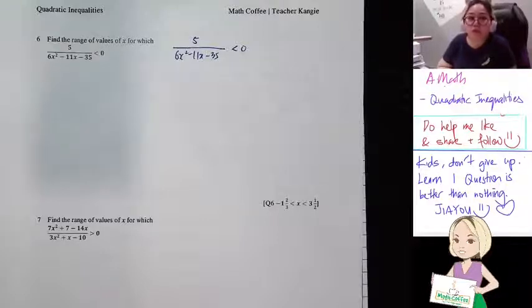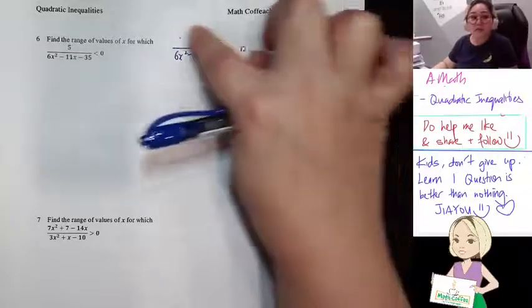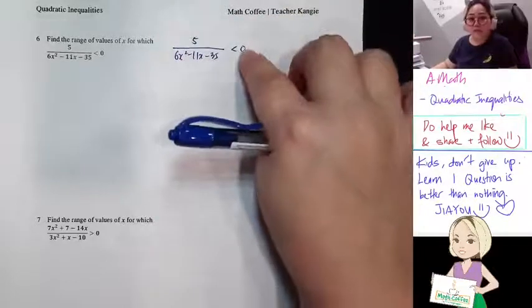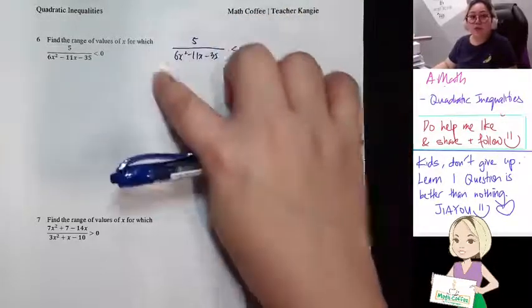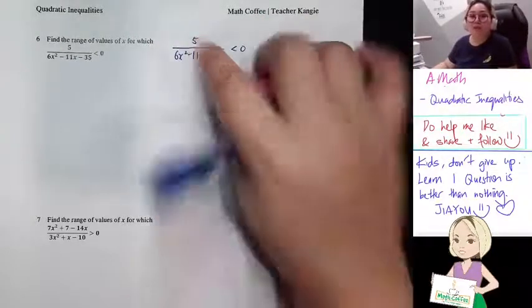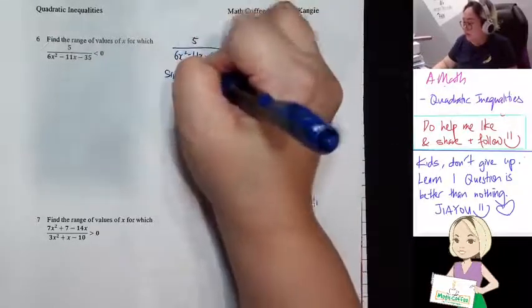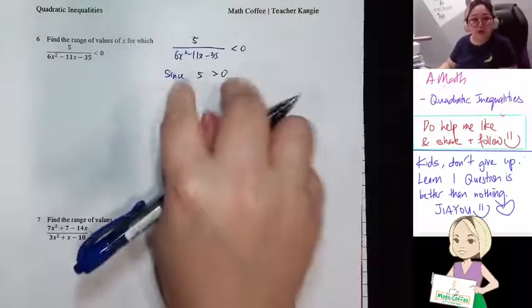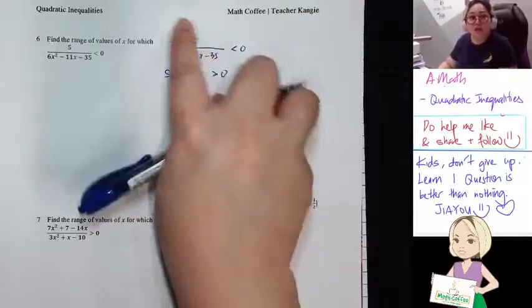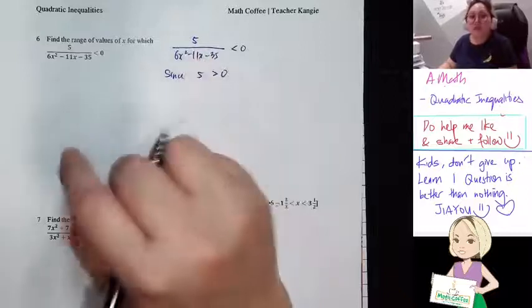So this one you have got to use logic. Listen carefully, you want this whole expression to be negative, less than 0. And because my numerator is a positive number, since 5 is a positive value, it means that in order for this whole thing to be negative, my denominator needs to be negative.